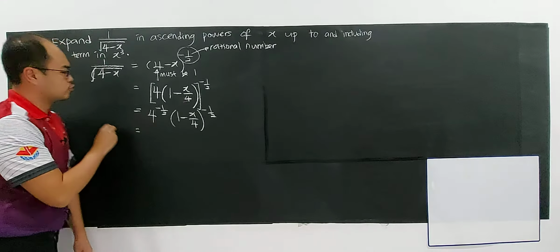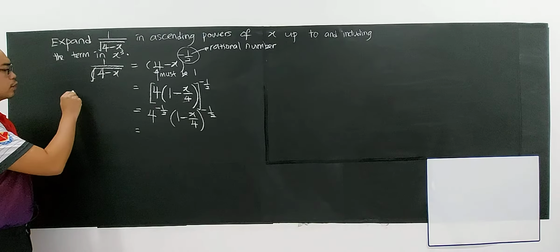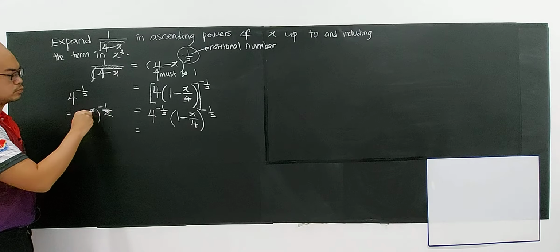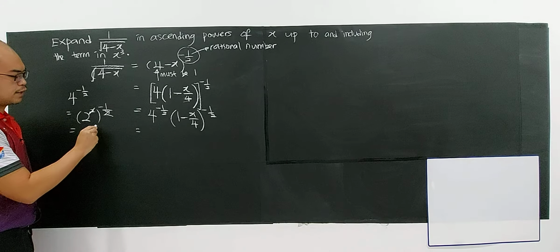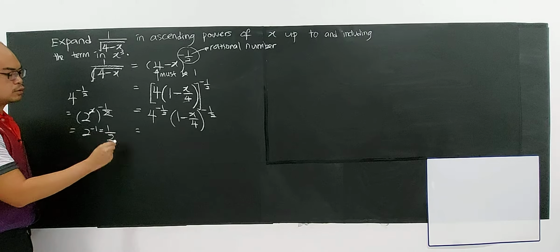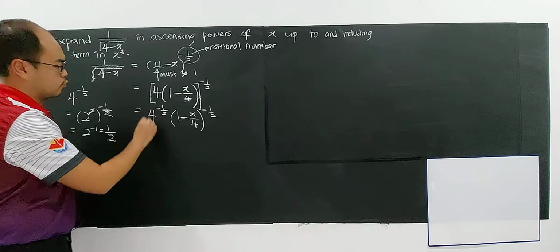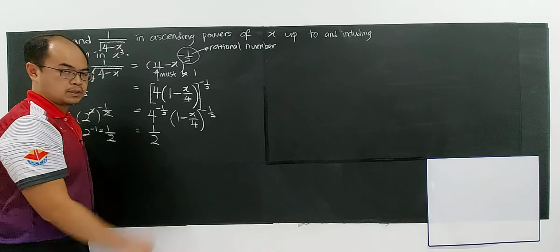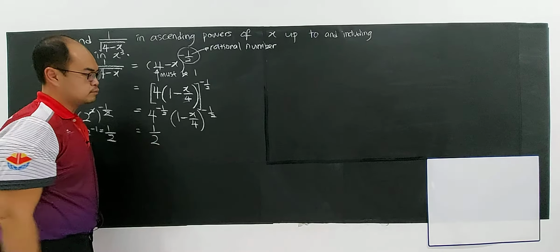So 4 to the power of negative 1 over 2 is the same as 2 to the power of negative 1, which gives you 1 over 2. So you have 1 over 2 here, and now leaving you with this bracket.